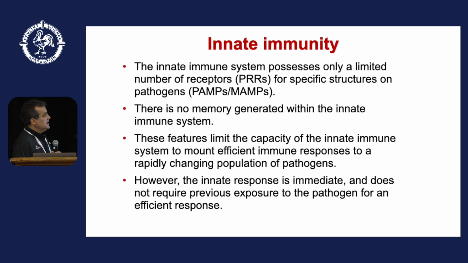This limits the capacity of the innate immune system to deal with evolving pathogens, or with pathogens like Eimeria that have several intracellular and extracellular stages. Yet it's very immediate. It helps slow things down and bridges the response to allow the acquired immunity to come in and take care of whatever insult you have.